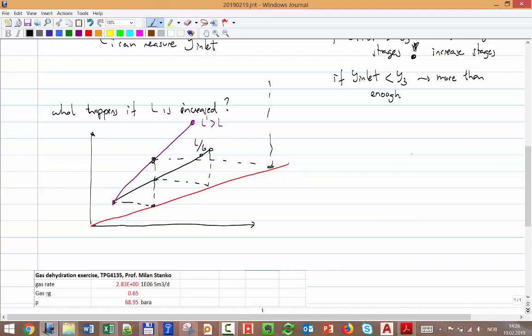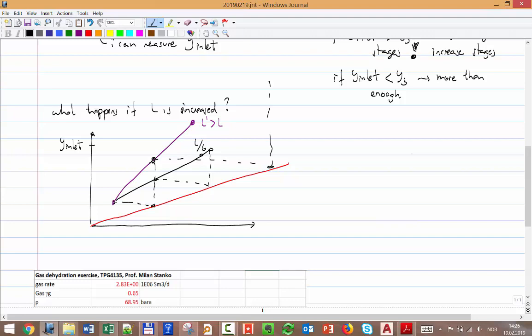Y inlet, let's say, is someplace here, by changing the inclination, which is kind of logical. When I increase the amount of TEG flowing through the column, I should be able to make it in fewer trays. If I use less, then the line becomes flatter, and then I need a lot of trays to reach this Y inlet.